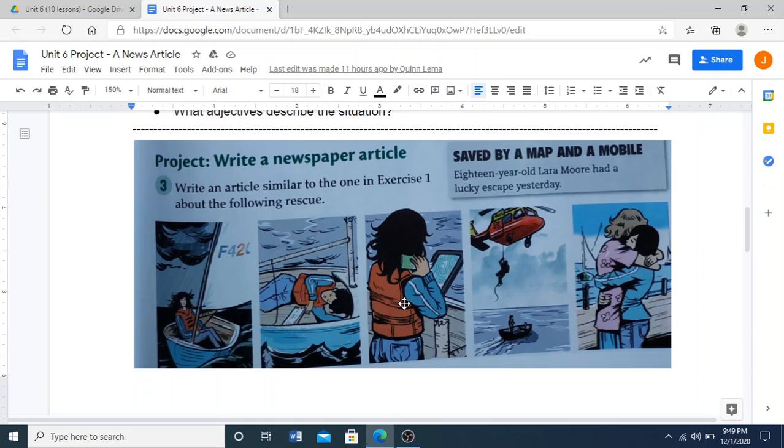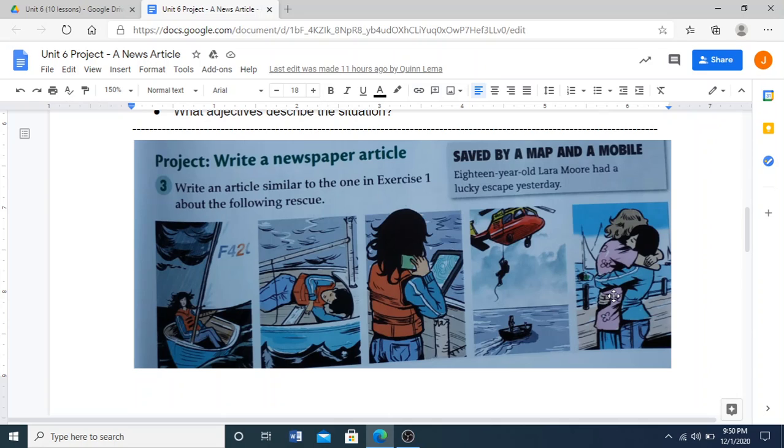Then later, she used a map or a GPS, and now she has a phone also, and now she's calling the rescue center, and a rescue helicopter came and rescued her and united her with a family member, her mom or whoever.